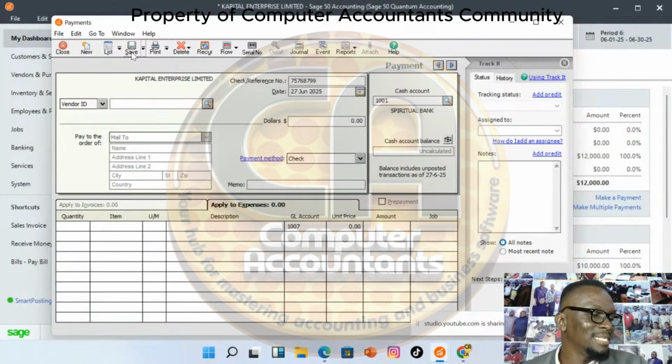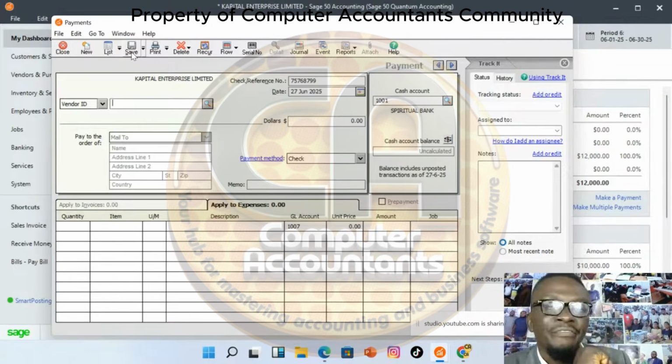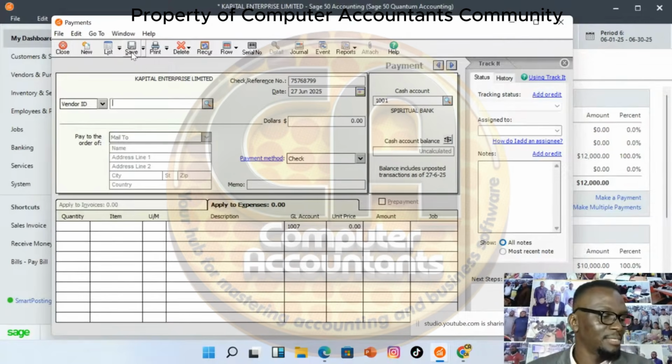Then the second one is that the management of capital enterprise approved a cash withdrawal from bank. It can be for office use. We see in business that you can move cash from your business premises to the bank.